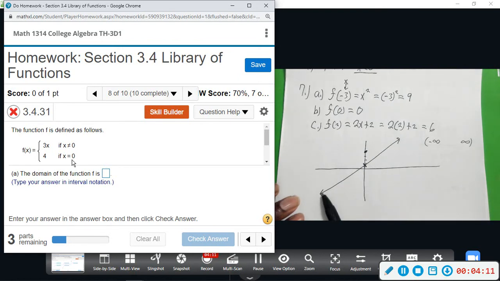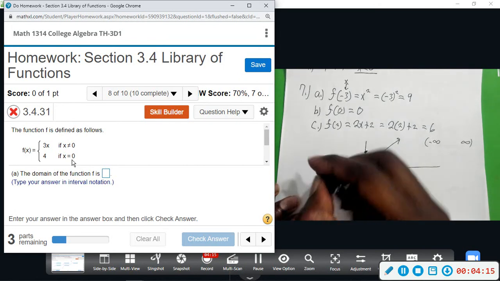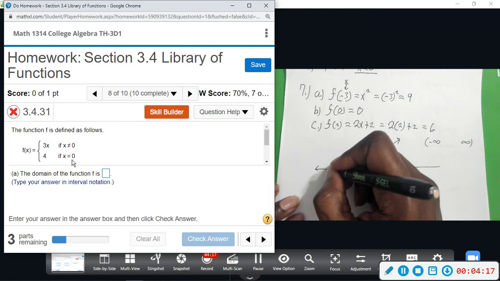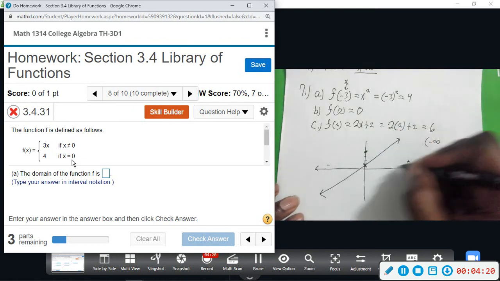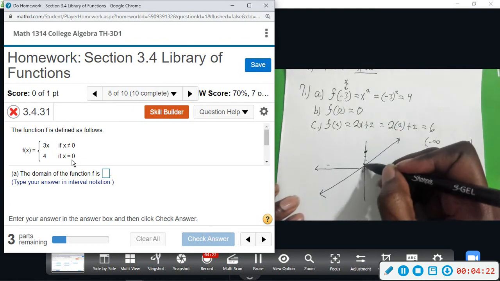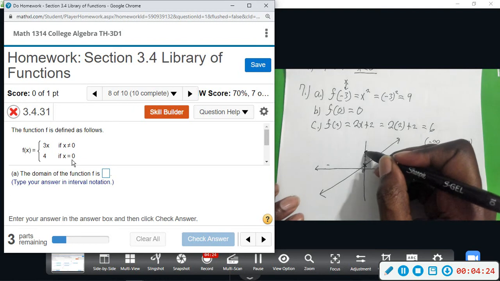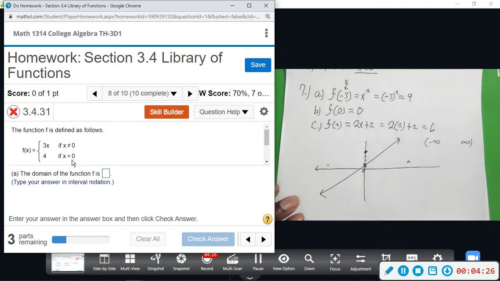However, the point 0, when x is 0 here, because the number line goes negative values, and then positive values here, and zero's in the middle. So when x is 0 here, we do actually get a point on this overall whole graph.